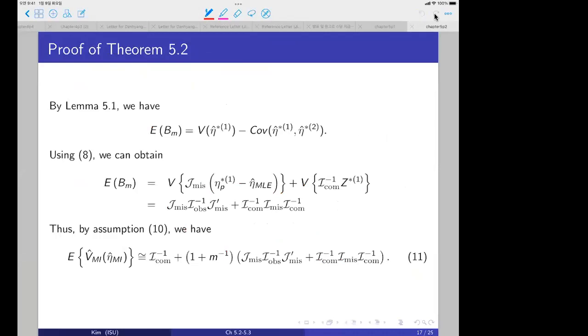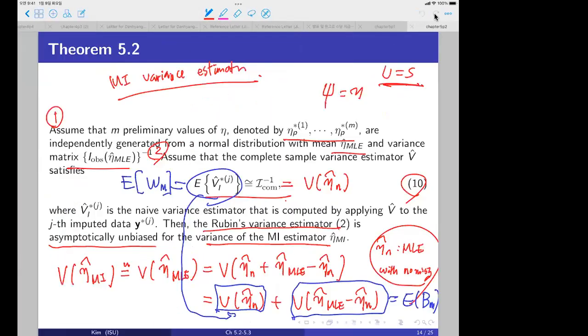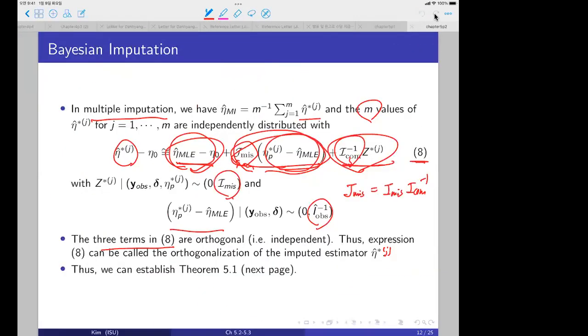So that means our BM applied to multiple imputation will be this, because sigma 1 minus sigma 1 2, right? And then what is this? You remember using 8. If you go to 8, what is 8? We have a three-term decomposition, but the first term is common, and the second and third terms are independent.